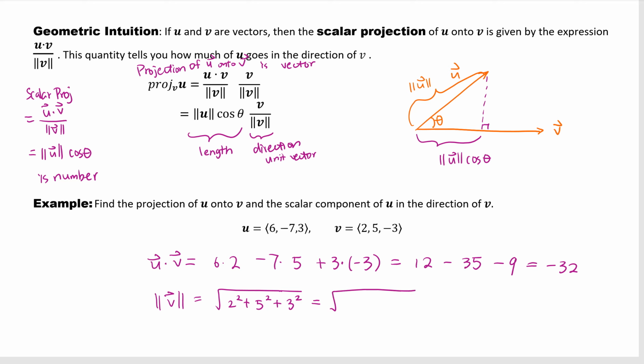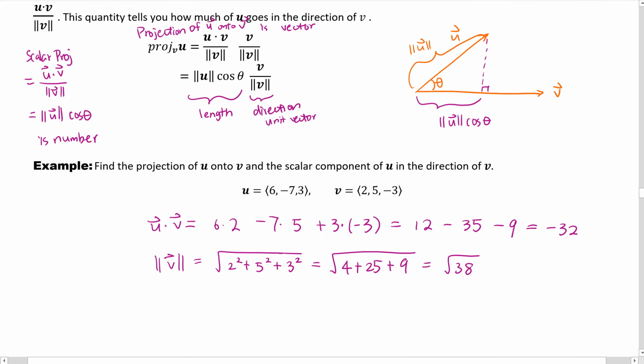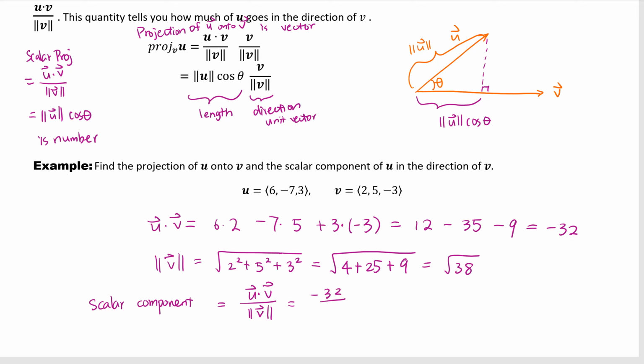So we have 4, 25, and 9. The answer is square root of 38. And then what is the scalar component, or scalar projection? It equals u dot v over the magnitude of v, so that's negative 32 over square root of 38.